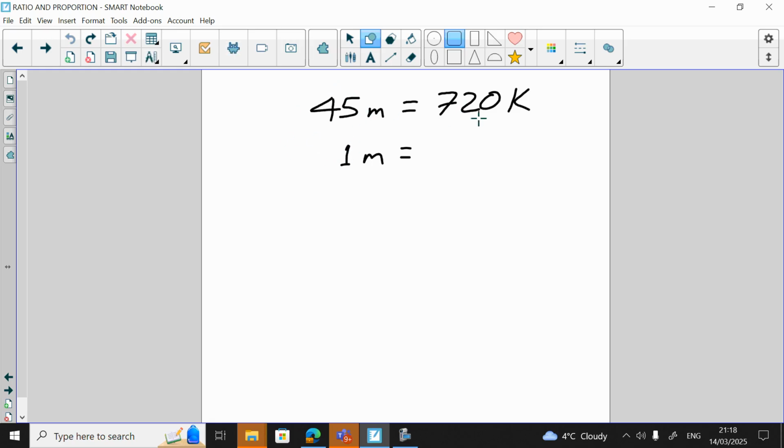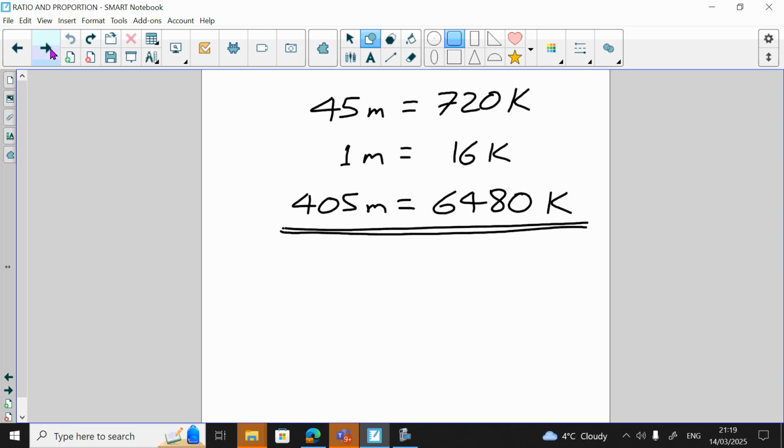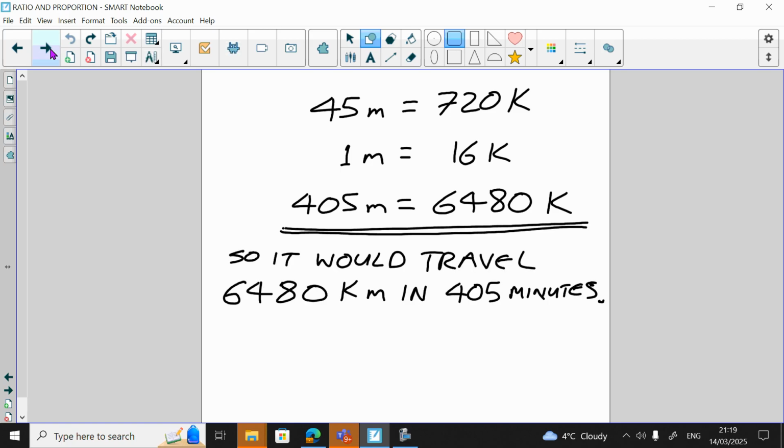Then the number of minutes I want to go to is 405, so I must have gone from 1 to 405 by multiplying. So I need to multiply this by 405. And that's exactly what I've done. So there you go.